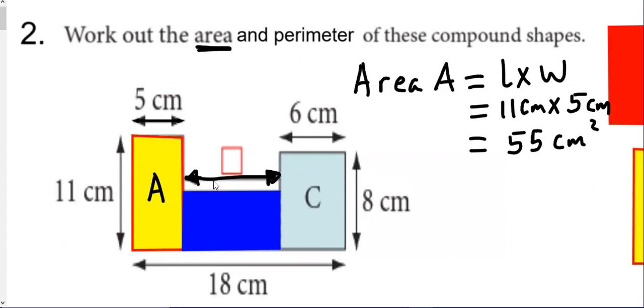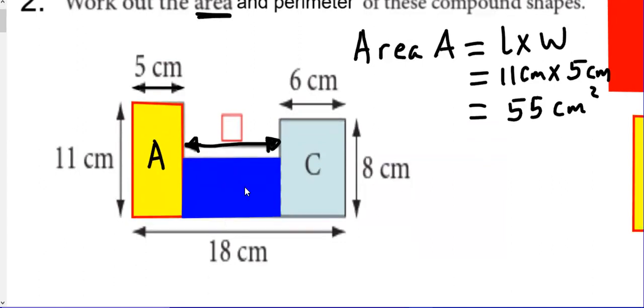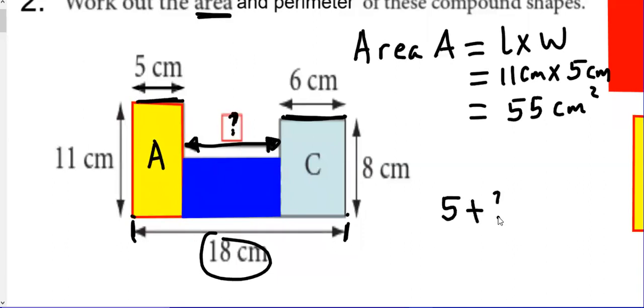What is the length? Now you need to do some small calculations. From here all the way there is 18. Now this part is 5, and this part is 6. So when you take 5 plus an unknown number plus 6, the answer should give you 18.